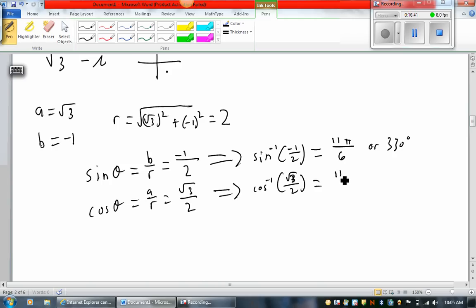And we note that this is also 11 pi over 6, 330 degrees.